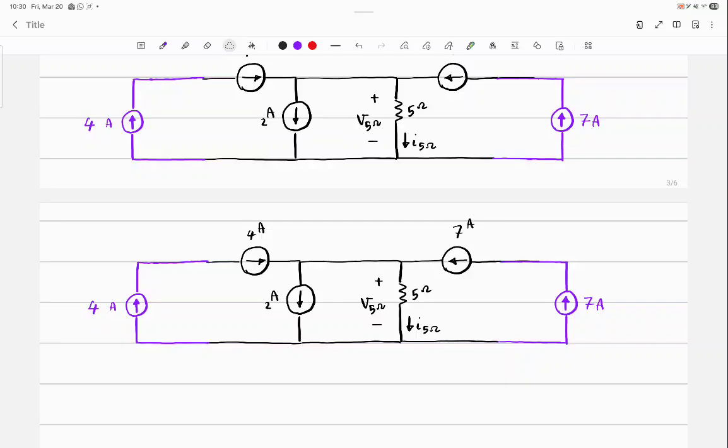Next step. Yeah. You can get rid of one of the 4 amps, right? Because it's redundant. Can you do the same with 7? Absolutely, yeah.